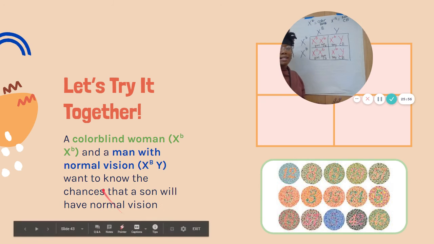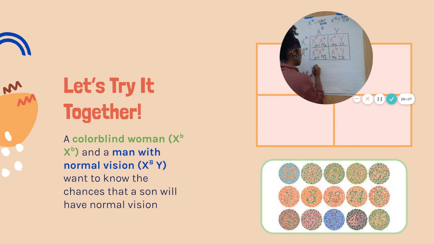Now the question is asking, what are the chances that a son will have normal vision? So we're looking for chances. We're going to say blank sons out of blank are going to be normal. How many sons total are there? There's one boy and there's two boys.